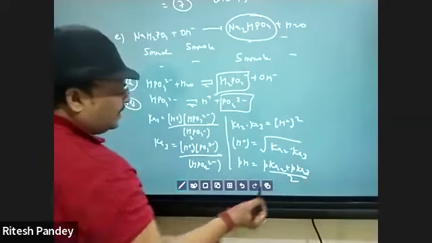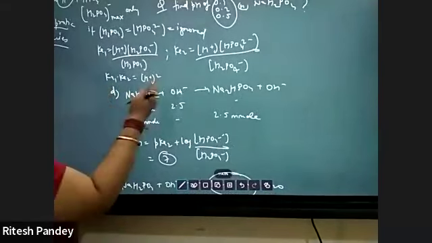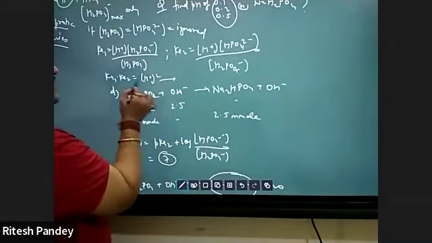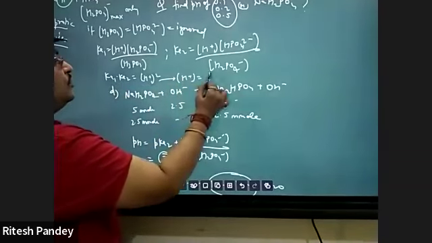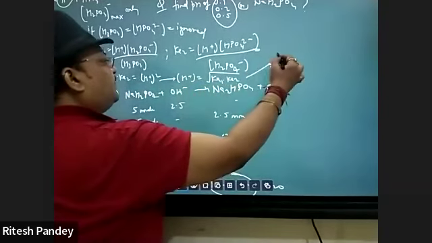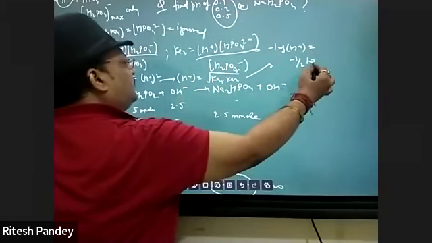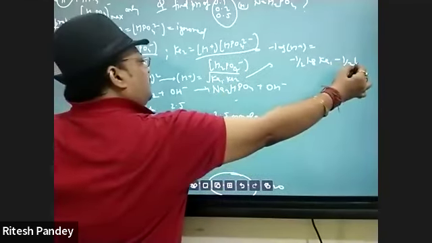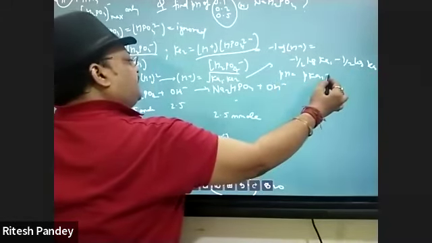I kind of took this for granted in the past, I just jumped the gun here. K1 into K2 is [H+] squared, which would actually mean [H+] is equal to root over of K1 into K2. I could have done this out here as well. And minus log of H plus would have been like minus half log K1 minus half log K2, which is how you arrive at pH is equal to (pK1 plus pK2) by 2.